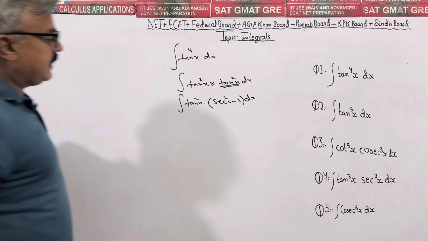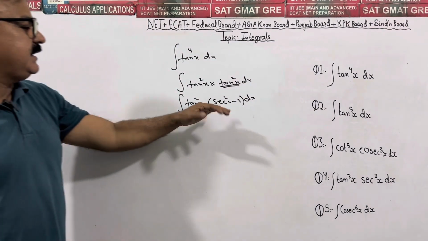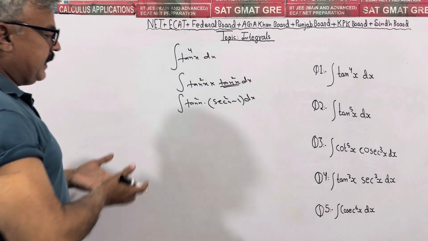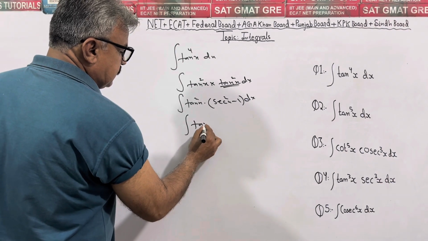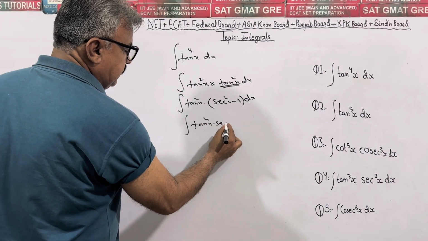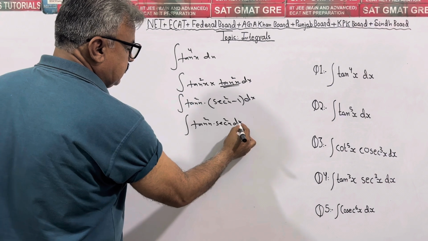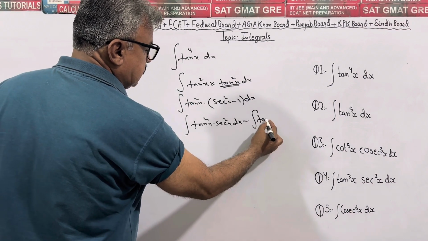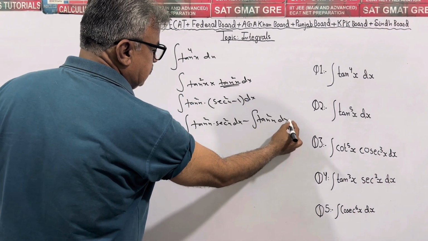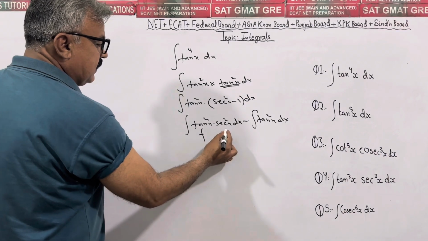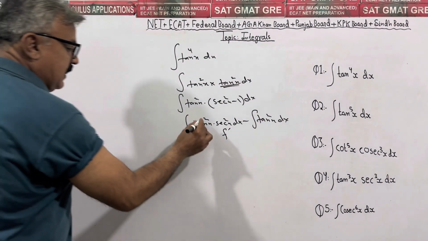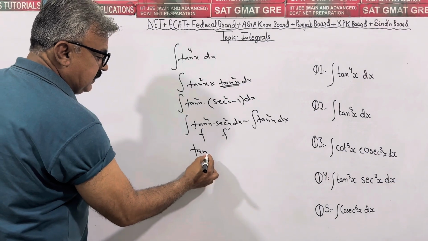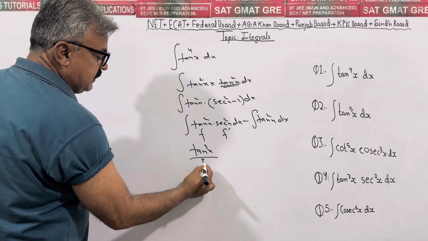Now look at this, our question is taking shape. The function derivative situation is propping up. Tan square x times sec square x dx minus tan square x dx. Look at this, it's our function, it's our differentiation. Function derivative: add 1 to the power of the function, it will become tan cube divided by the same.